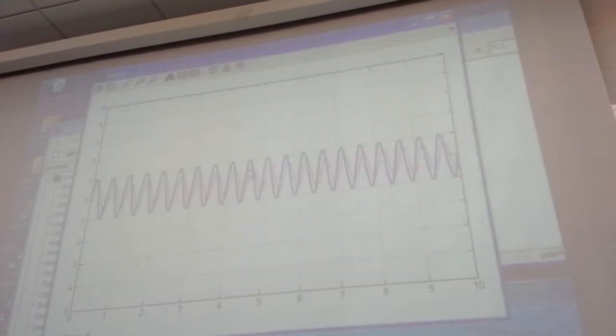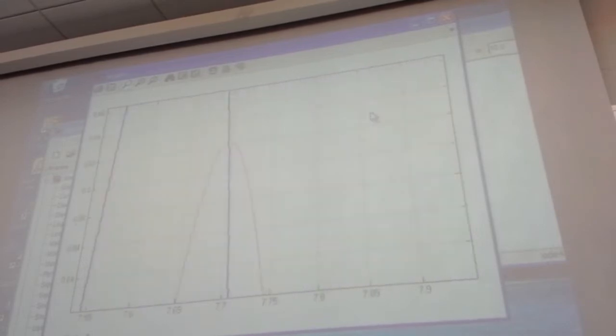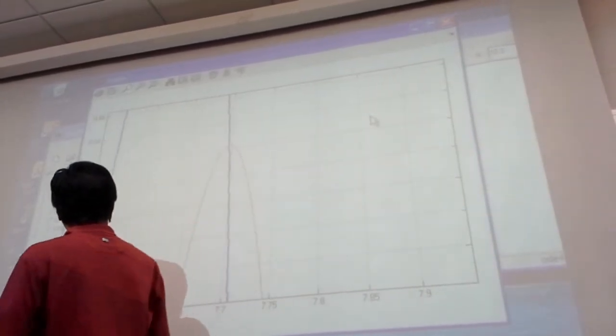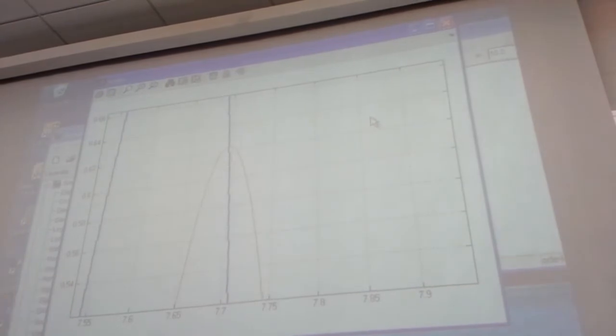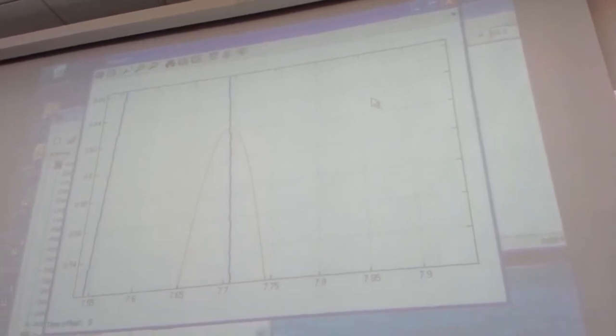Look here, the magnitude is now different, about 0.622.